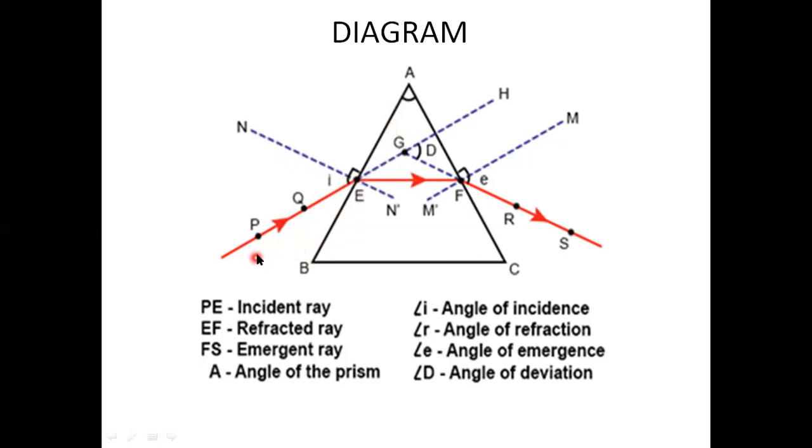So when this incident ray is incident at this point E, it gets refracted since it's moving from air. So this part is air. This part is glass. And then again we have air here.